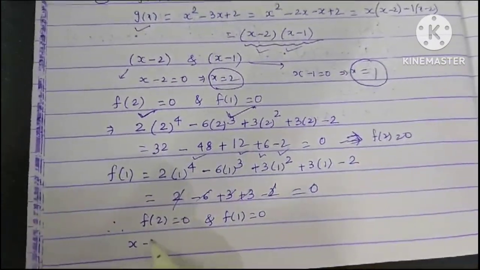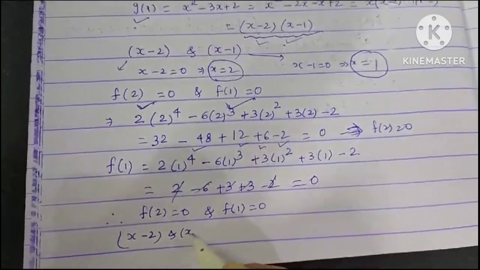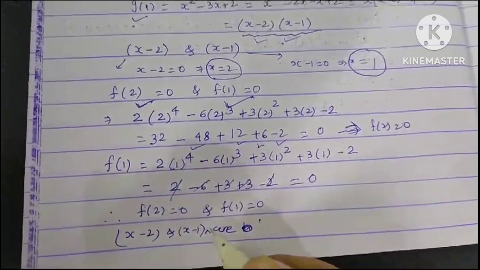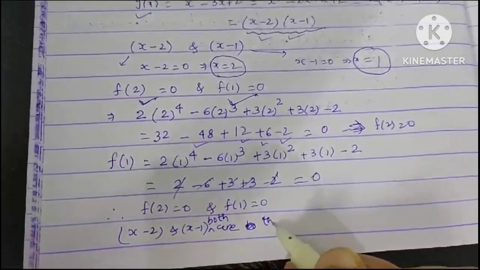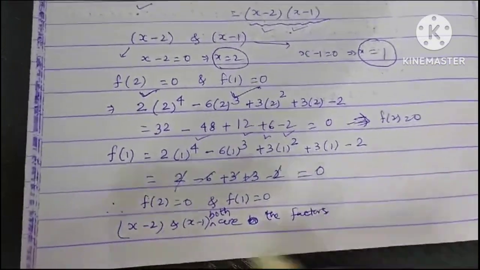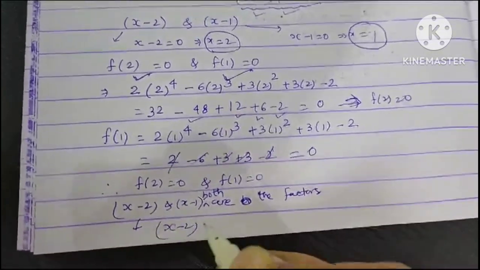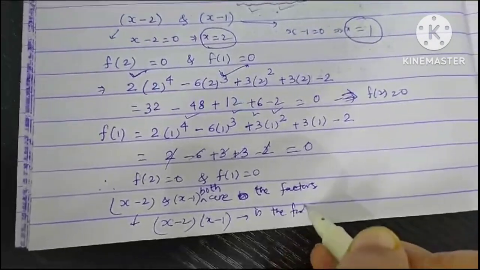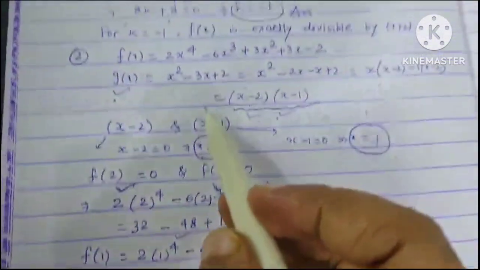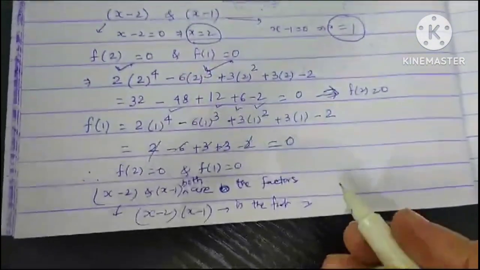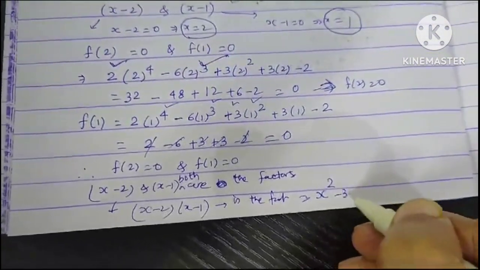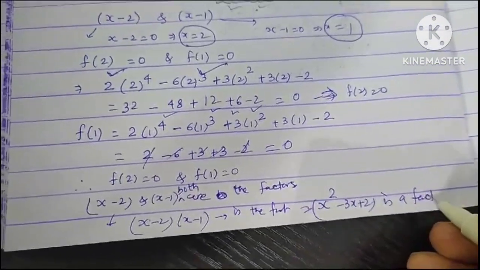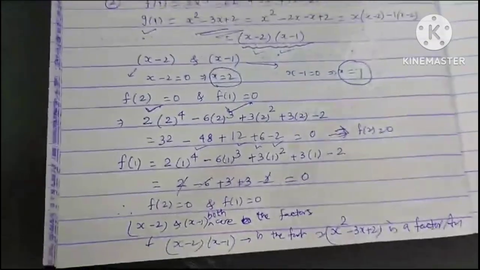This means x minus 2 and x minus 1 are the factors. Both are the factors. So from here we can say that (x minus 2)(x minus 1) is also a factor, and this means x^2 minus 3x plus 2 is a factor. Okay, so it is proved.